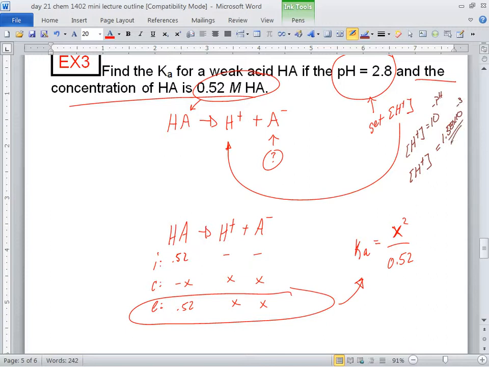So I got 1.58 times 10 to the negative 3 for the H plus. Hopefully you got that. You're going to have to put that in for x and square it, divide it by 0.52, and you'll have your answer.